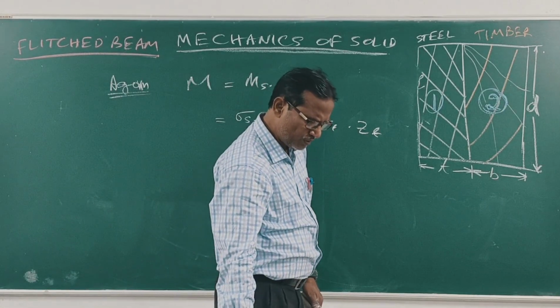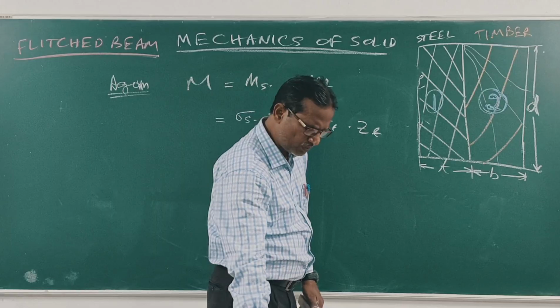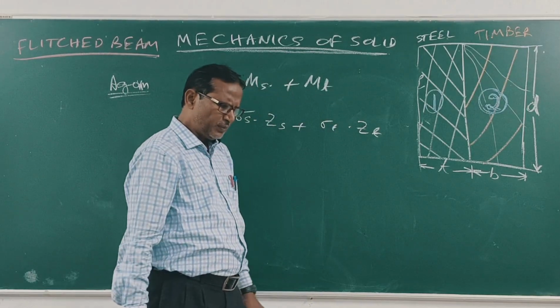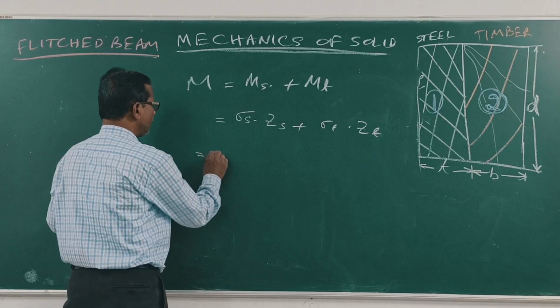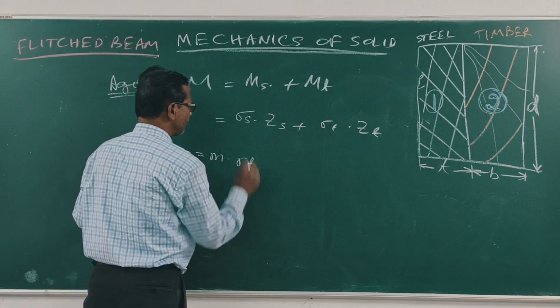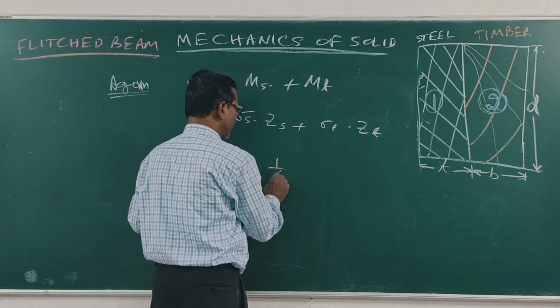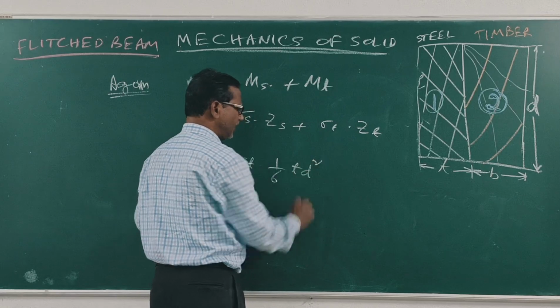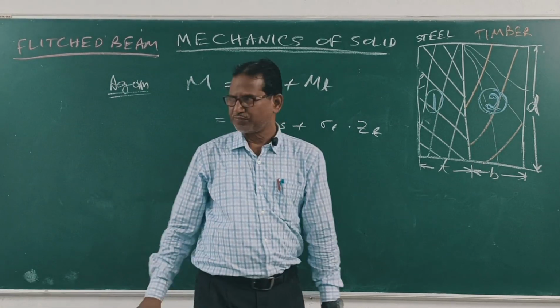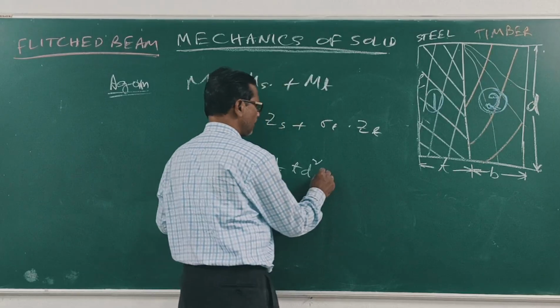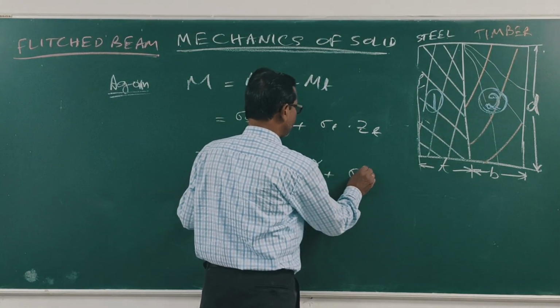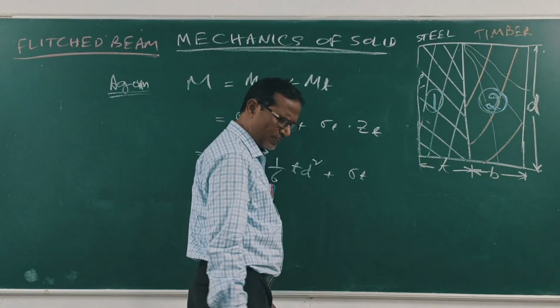Clear? What is sigma s? Sigma s is equal to m into sigma t, Zt is 1 by 6 t square, plus sigma t into Zt.